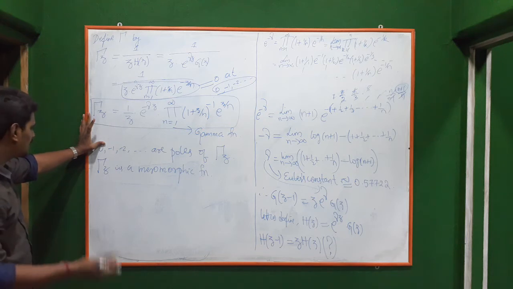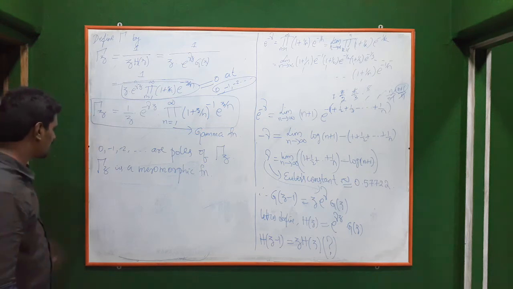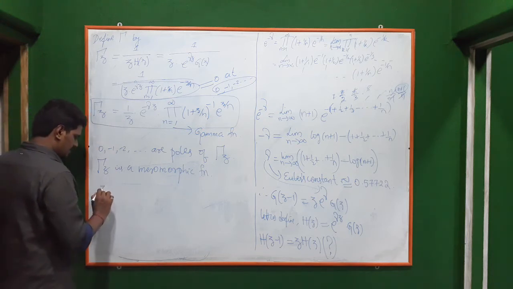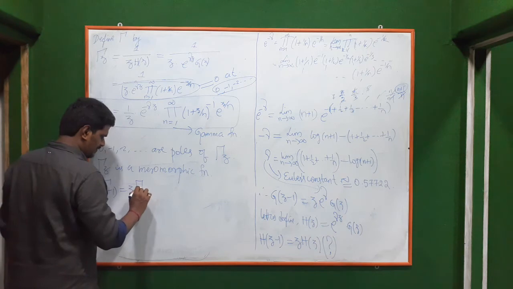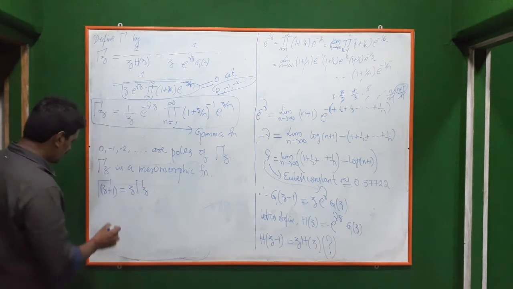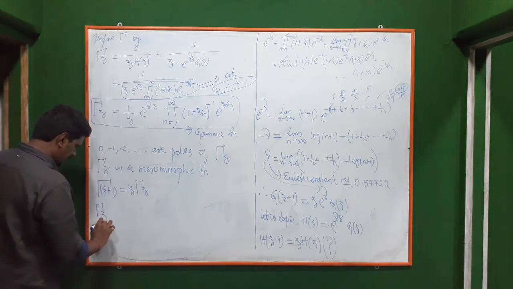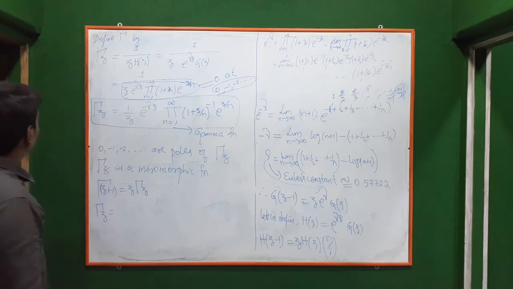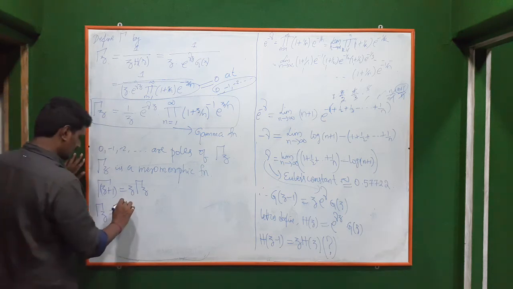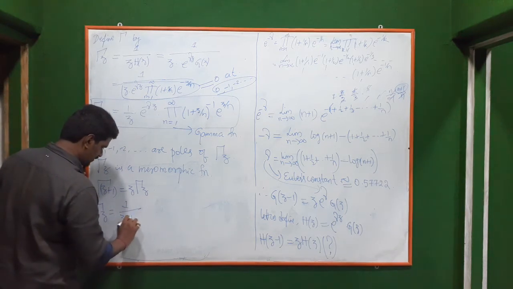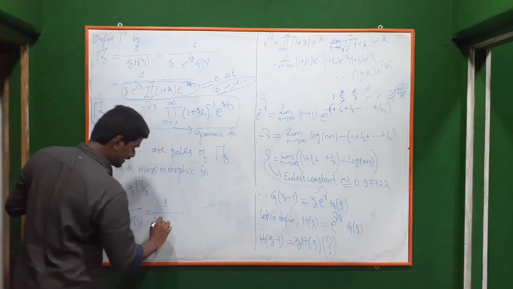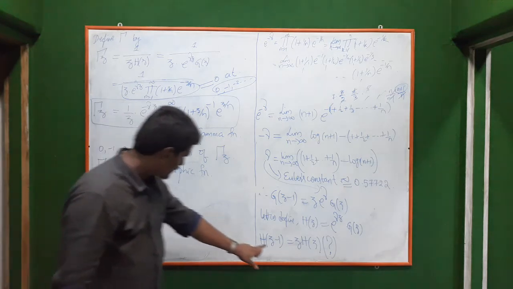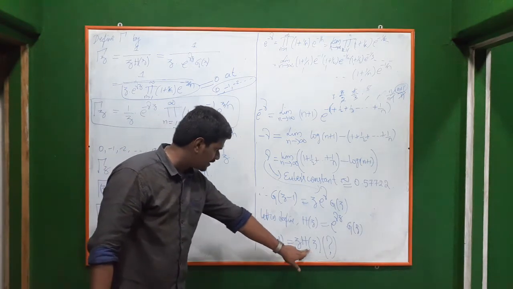And there is some other property for this gamma function, that is gamma of z plus 1 is z into gamma of z. So how to find that? What is gamma of z? 1 by z into h of z. And we know h of z satisfies something. That is h of z minus 1 is z into h of z.